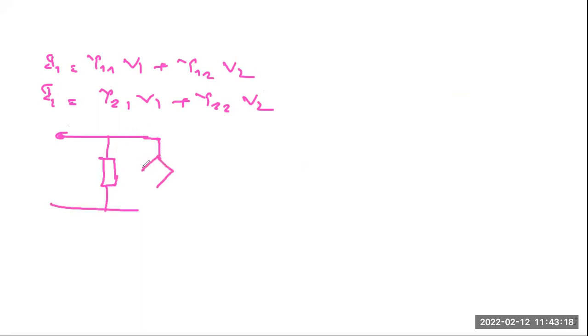And this is your dependent current source. Do you know the dependent current source? You have an idea of the dependent current source? Yes or no? Please tell me. I cannot understand if you are not responding. Do you know dependent source? No, sir.